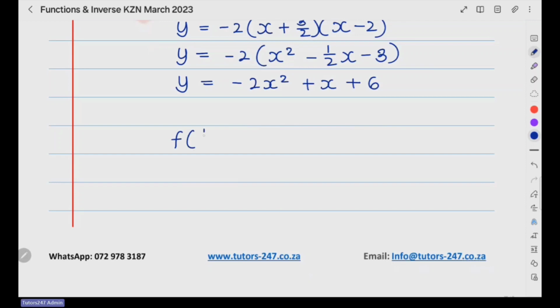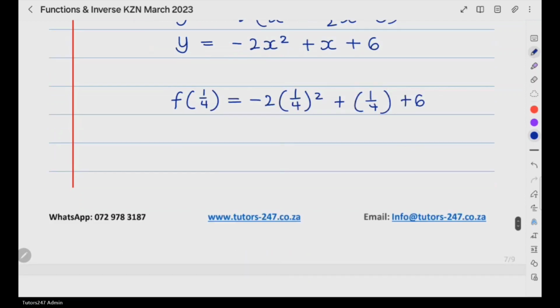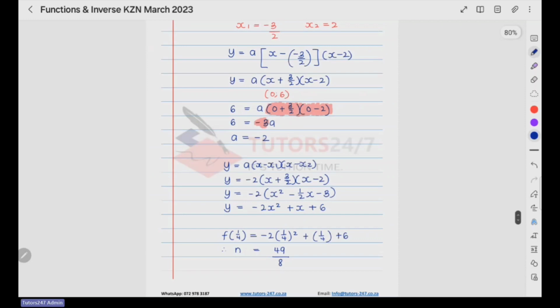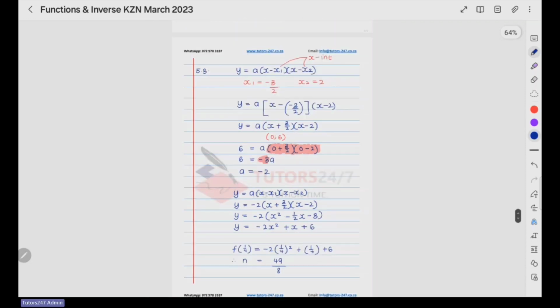So we are finding f of 1 over 4, which is negative 2 into 1 over 4 squared plus 1 over 4 plus 6. From here, f of 1 over 4 gives us 49 over 8. Instead of calling it f of 1 over 4, we can even just call it n. And that's it. That's the first method that we could use.